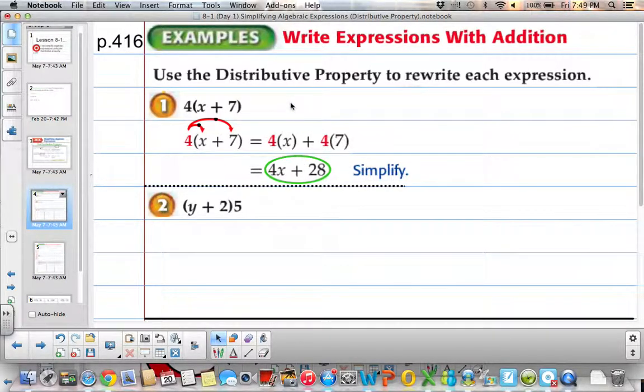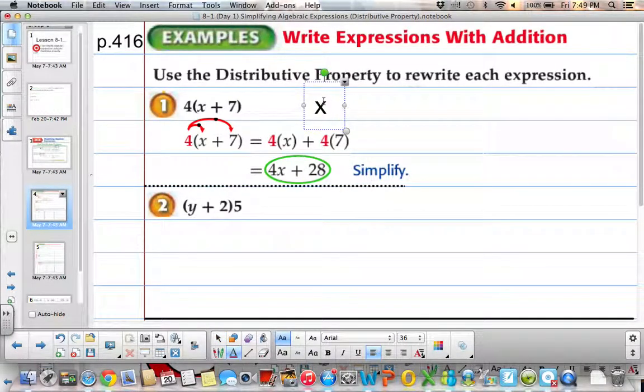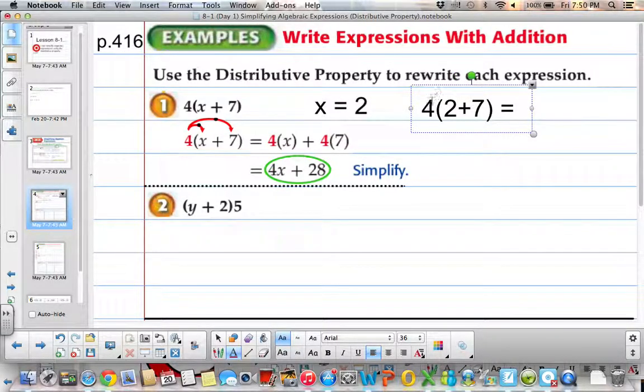Now we can take in any number for x. So if we were going to say that x equals 2, then we can plug 2 into this equation. So we would have 4 times 2 plus 7. See how I'm just substituting 2 for x. And we know that 2 plus 7 is 9 times 4 is 36.